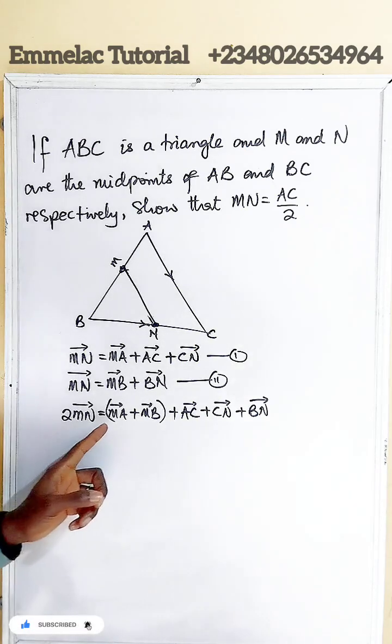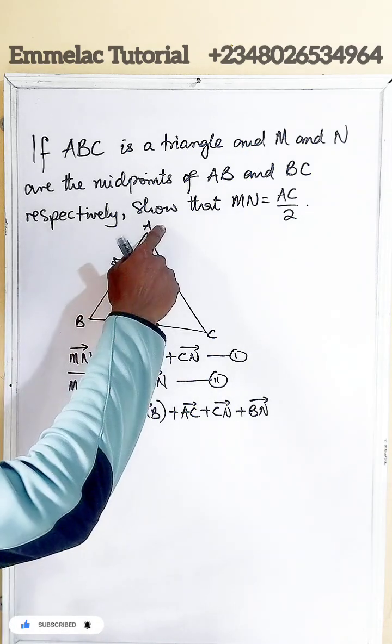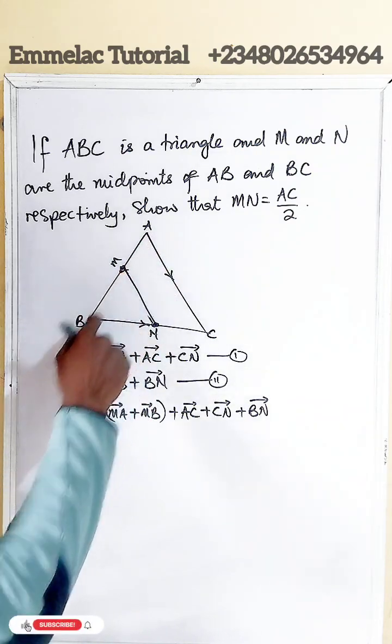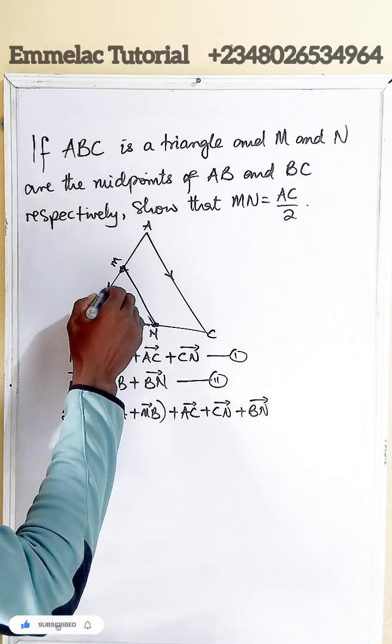Now looking at MA plus MB, that is MA and MB. Now take note that the direction here is actually meant to be like this.